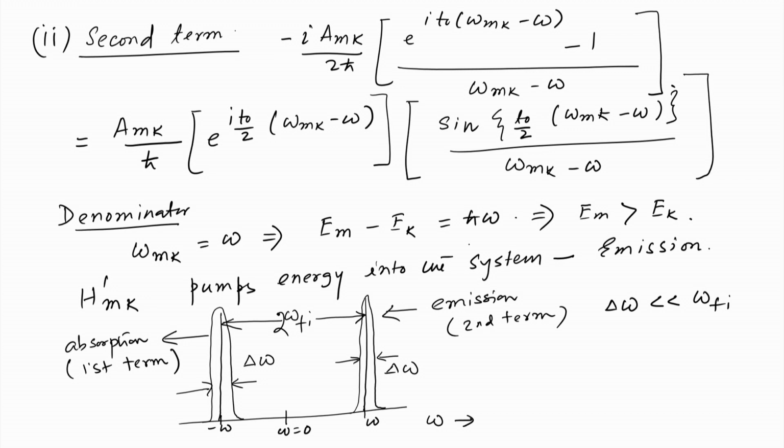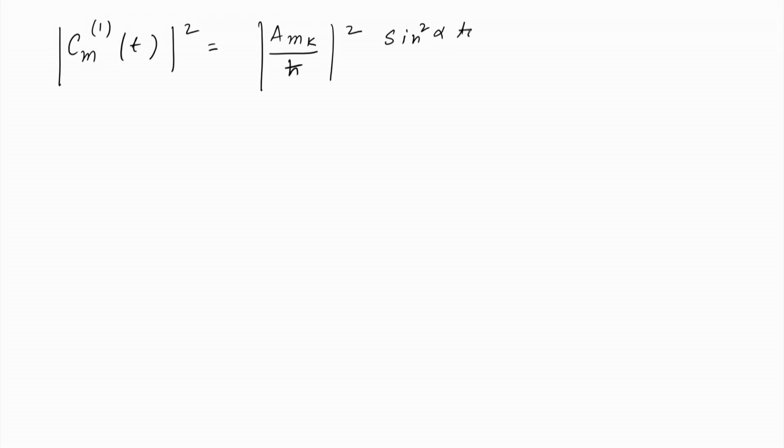Let us call this quantity alpha, in which case mod square of CM1 of T is equal to A mk by h cross square, times sine square of alpha T naught by 2 divided by alpha square.